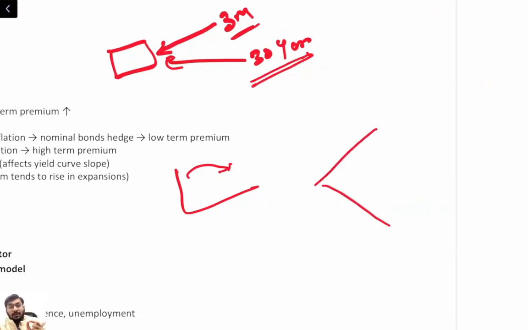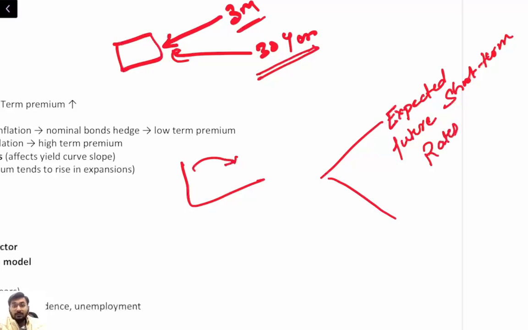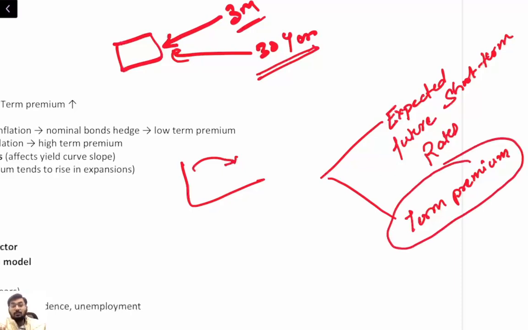One is expected future short-term rates. Clear? And another one is the term premium. So we need some other factors as well to understand this component of the term premium.